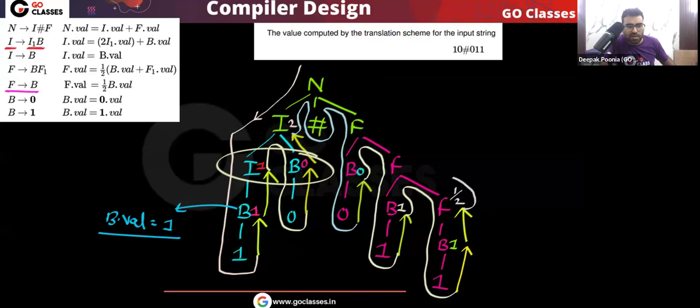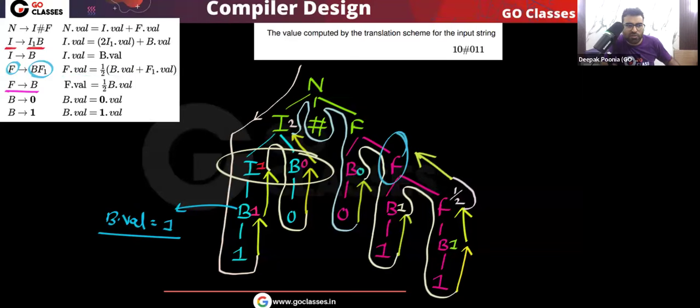Now you keep going until the next reduction. The next reduction we got, you can see that bf is reducing to f. So this bf is reducing to f. Immediately after this reduction, we will perform the corresponding semantic action.